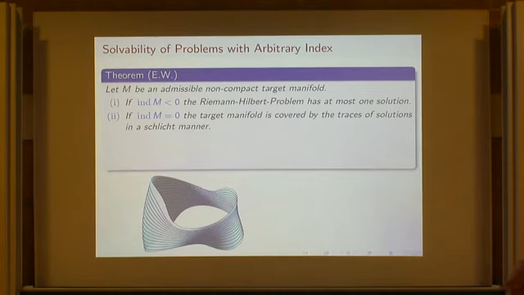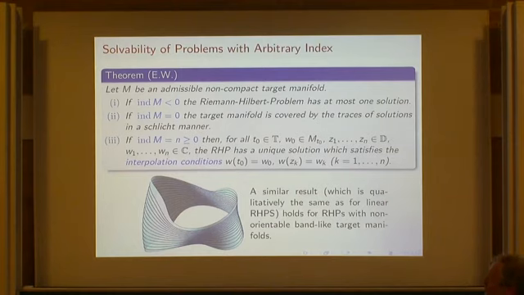If this index is 0, then the target manifold is again covered by traces of solutions in such a schlicht manner. And for positive index or non-negative index, we can specify additional interpolation conditions here. And a similar result holds for Riemann-Hilbert problems with non-orientable band-like target manifolds too. Again, these non-orientable cases fit nicely into the gaps between the orientable cases.